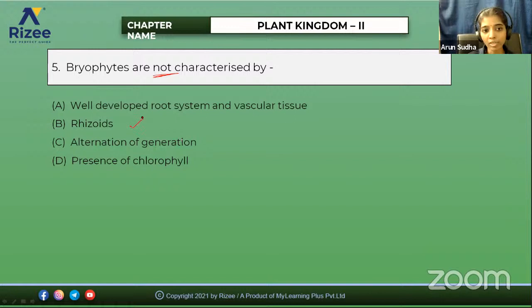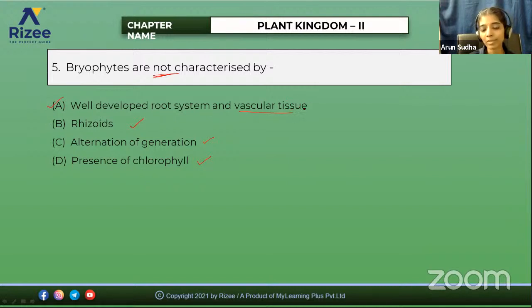They have either unicellular or multicellular rhizoids, and they show alternation of generation, that is both the haploid and diploid phase, and they have chlorophyll. Because of chlorophyll, they are able to photosynthesize and produce their own food, but they do not have a well-developed root system and vascular tissue. So vascular tissues are not present in bryophytes. So this is the correct answer, that is option A.